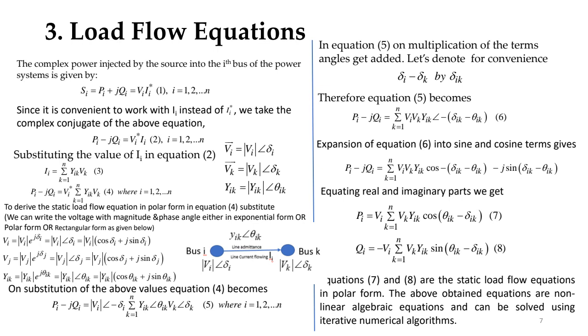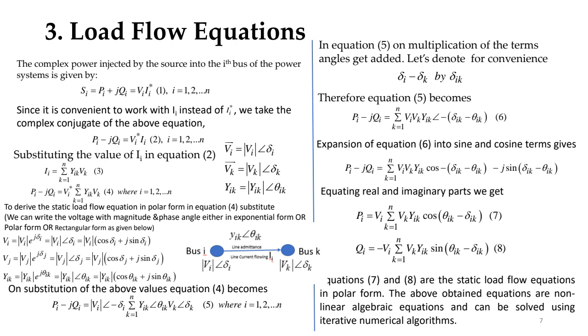Can you understand why it is minus delta I? Because it's a V conjugate, Vi conjugate, so for that we introduce a minus delta I. Then within the summation block k equal to 1 to n, Yik, the phase angle is theta Ik in polar form, so we write angle theta Ik, and Vk as it is, and the phase angle in polar form for Vk is delta k.